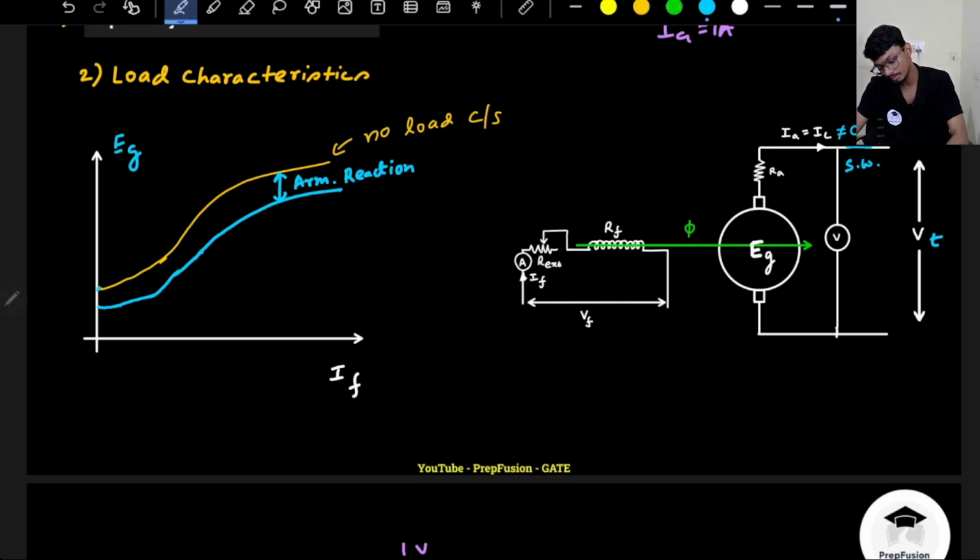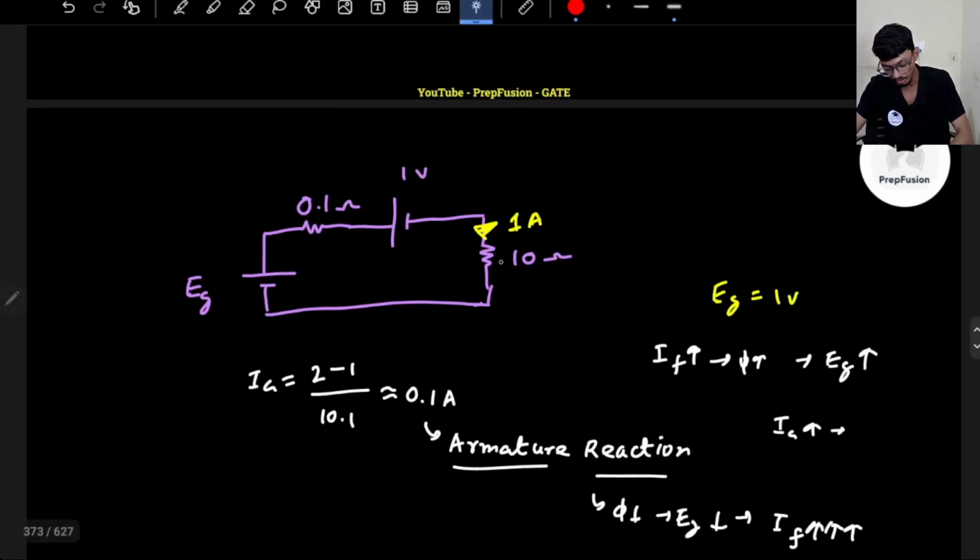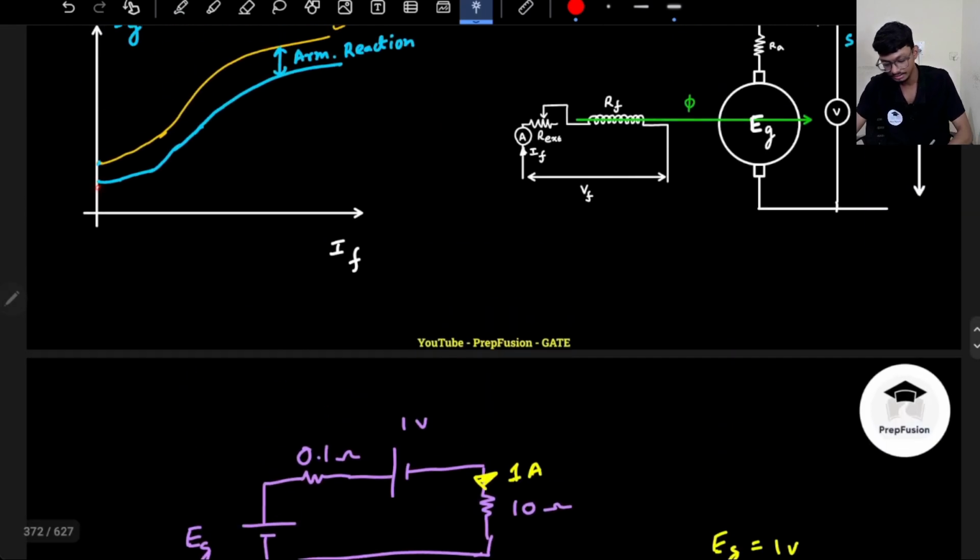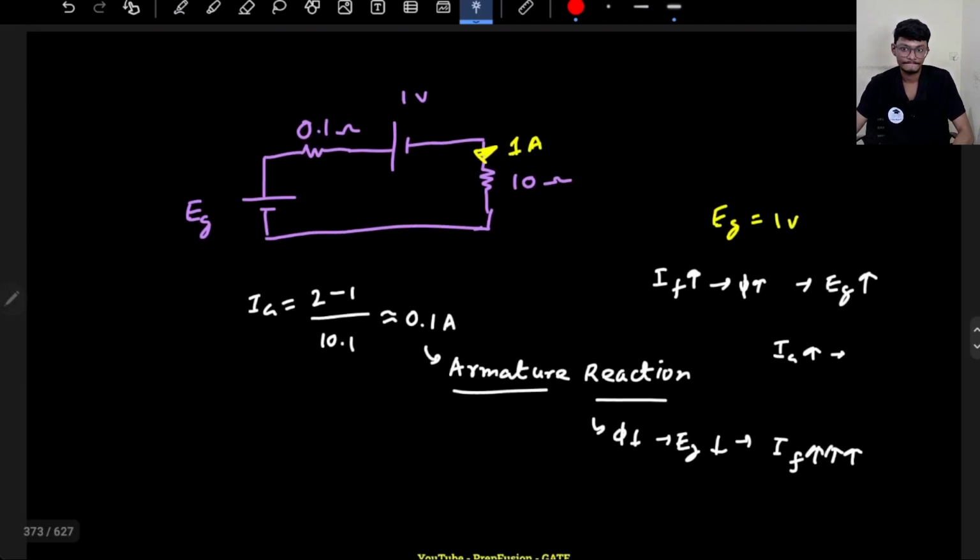So now remember this thing: I have to provide zero field current, right? There will not be any load current, but there will still be some sort of terminal voltage. But if my load current is not there, we will ignore this portion.